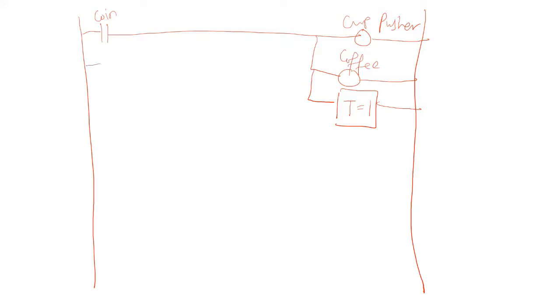All right, so you have your coffee valve, and the coffee valve will always turn on until it reaches the 1 second time. So after 1 second, it will turn off. So you put the T equals to 1 here. Alright, so it's a normally closed contact.